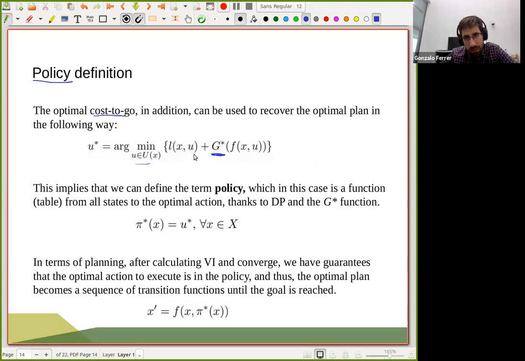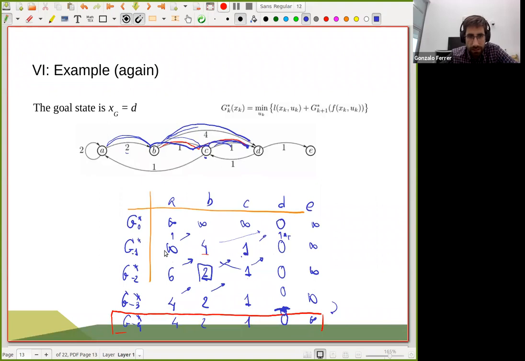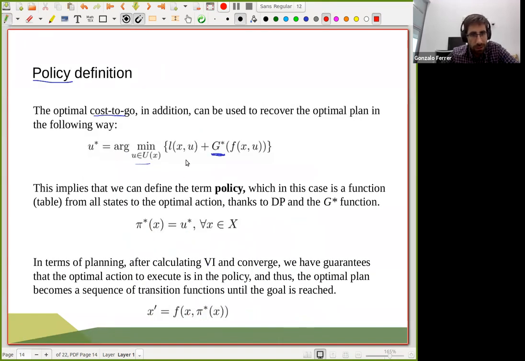The best action, the one minimizing this cost, is going to take us to state B. So this is the optimal action, just by solving this little problem.